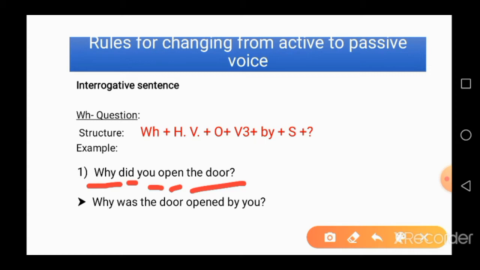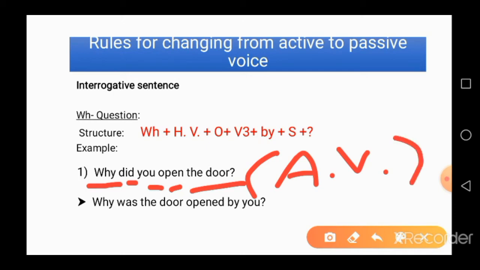The sentence is in its active voice structure, because you is the subject, open is the verb and the door is an object. Okay. So, the sentence is in its active voice. We can make its passive.